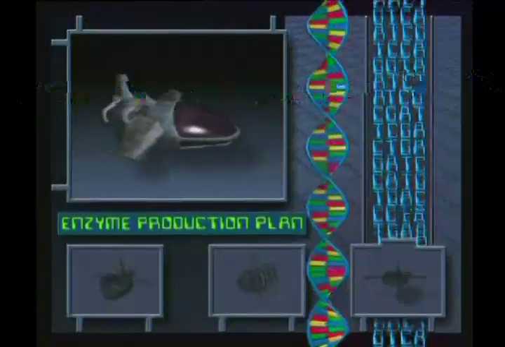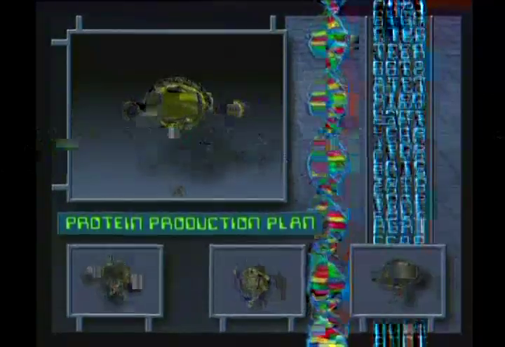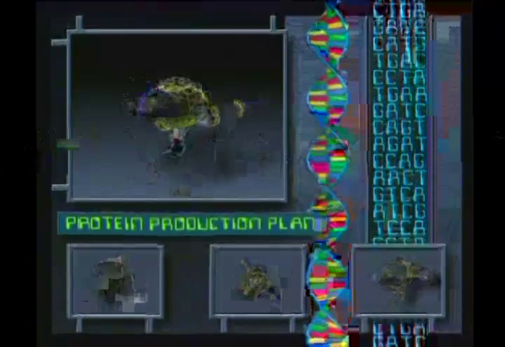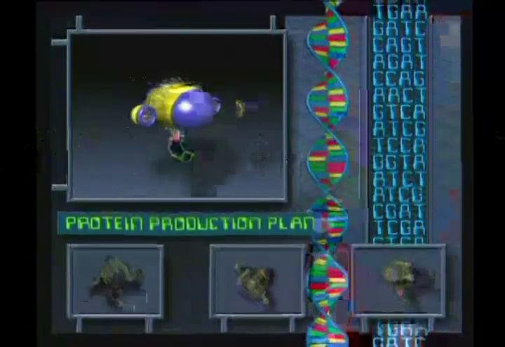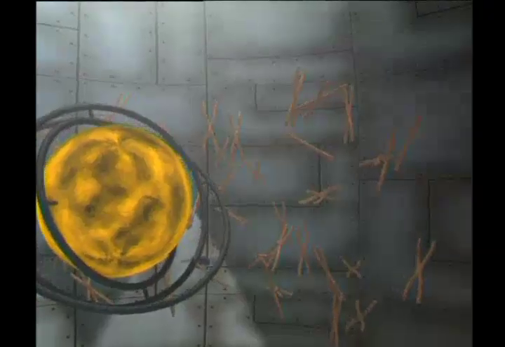The production of an organic molecule, such as a protein, starts with the identification of the gene and information in the DNA in the chromosomes.